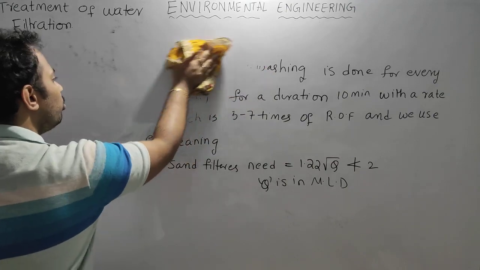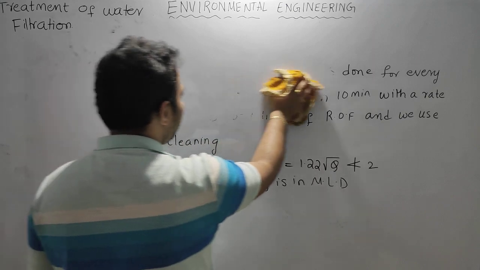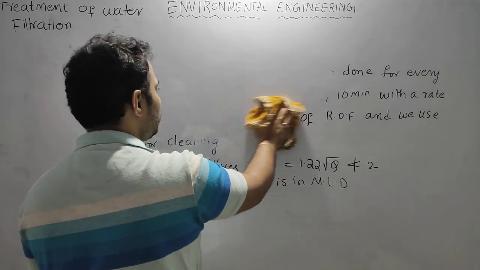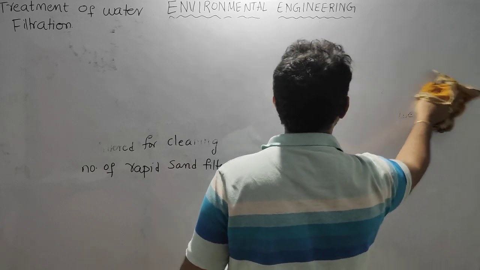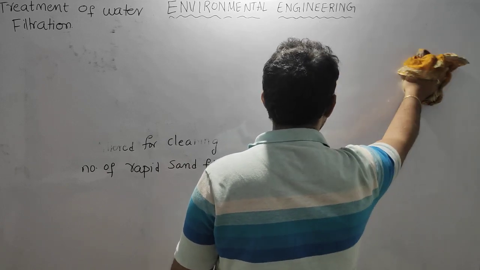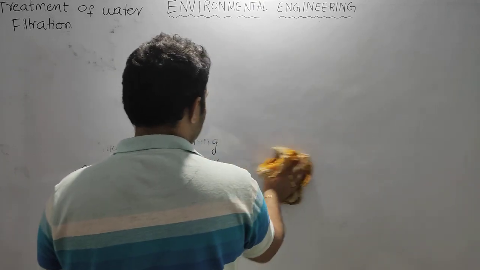In the case of the rapid sand filter, backwashing is also necessary, whereas in the slow sand filter, only collecting the water and sending it to the outlet is the work of the under drainage system.